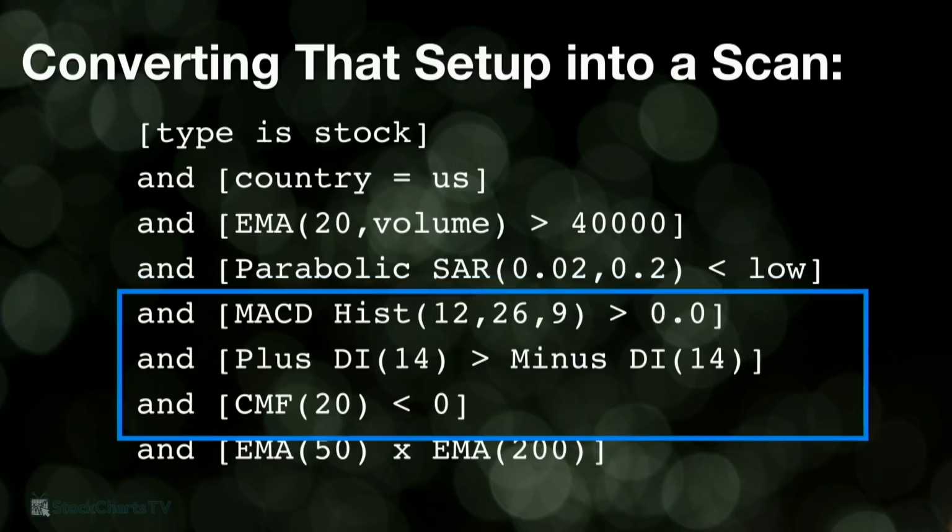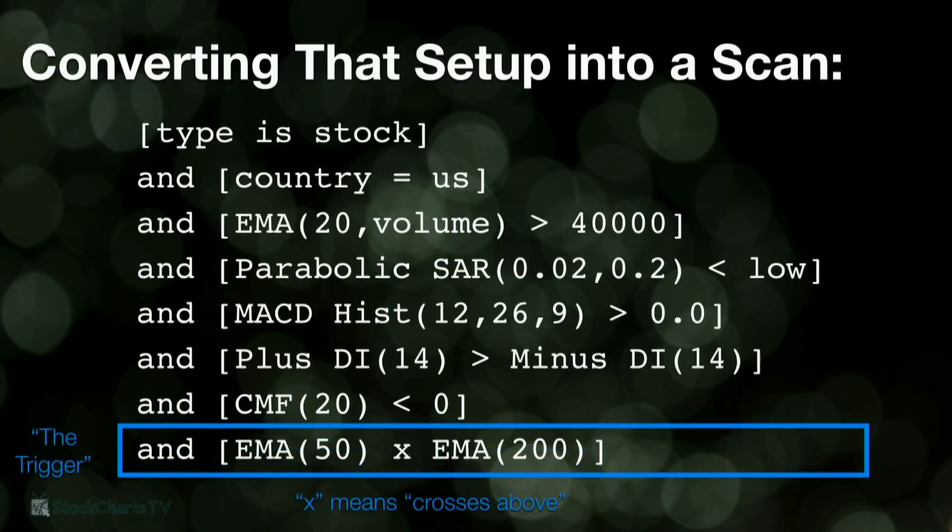The final piece of the puzzle is what we call the trigger. And the trigger is what happened today to kind of break the camel's back and make me very interested in these particular stocks. And in this case, as you saw, if we wanted to consider all those signals, the final signal at that time was the EMA crossover. And so here's where I'm using the X, like the questioner was asking about.